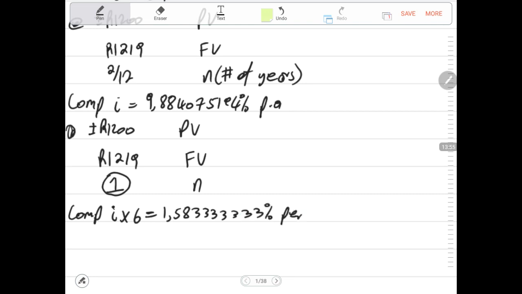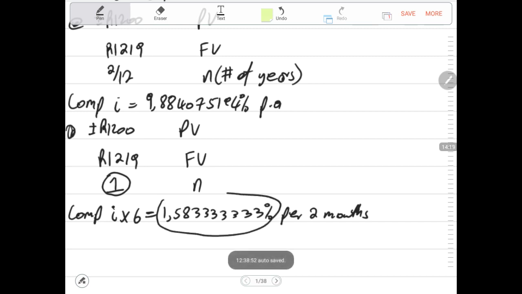Now this is per 2 months. I want to highlight this, per 2 months. So this is for the first 2 months. This is per 2 months, meaning, remember, this per 2 months is that one, because we only compounded once. So the interest of 19 rand that we earned for that 2 months, it was 1.5833%. That's what we earned.